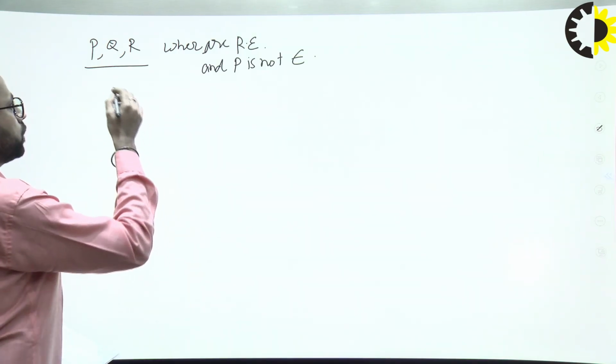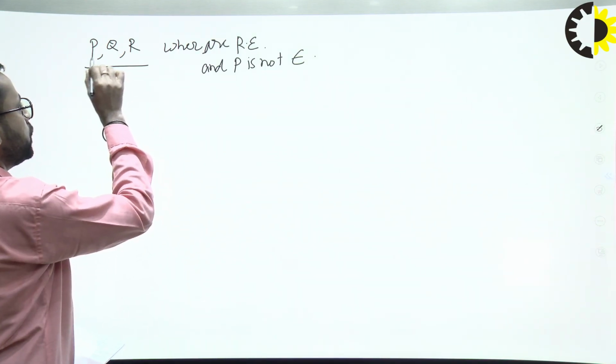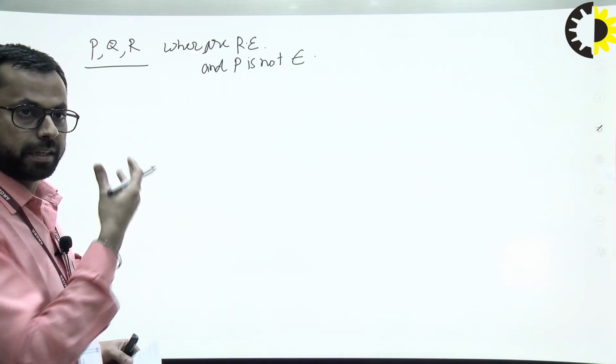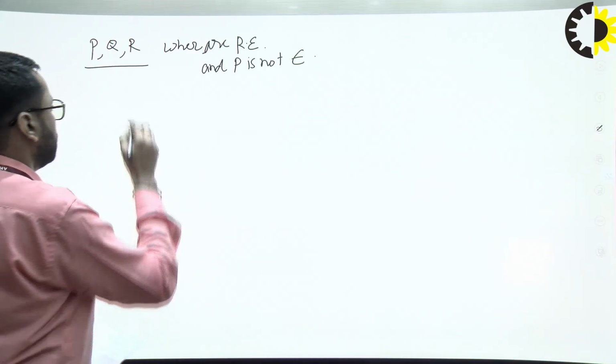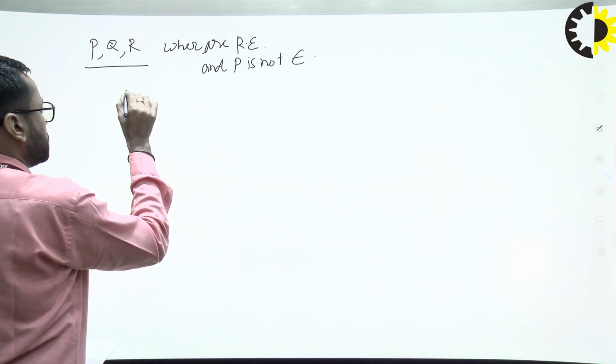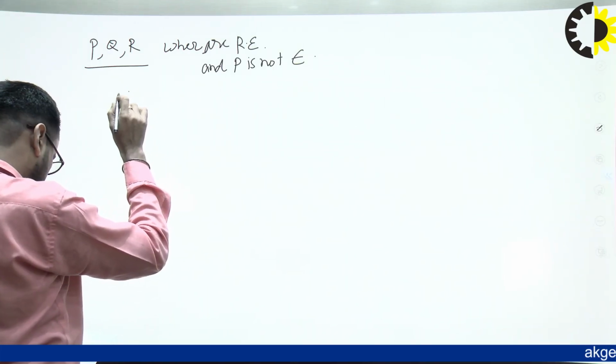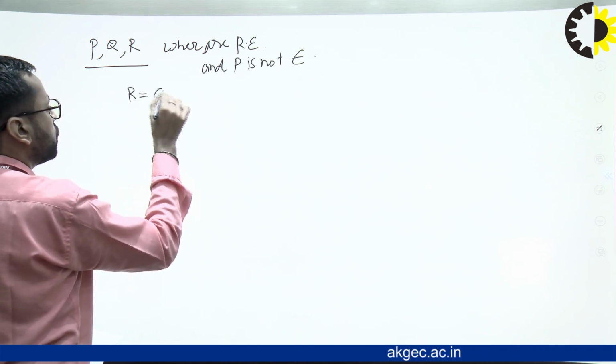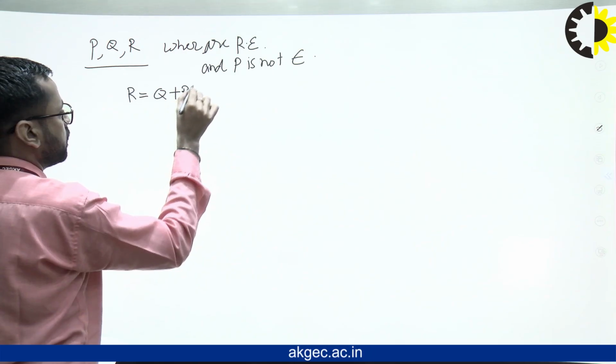The statement of Arden's theorem is that if P and Q are regular expressions representing some models, then the regular expression can be expressed as R equal to Q plus RP.